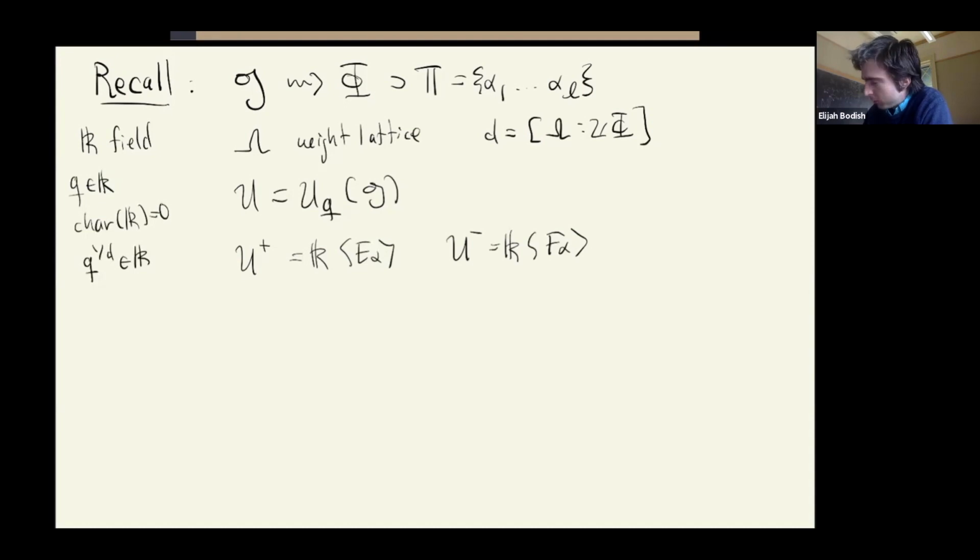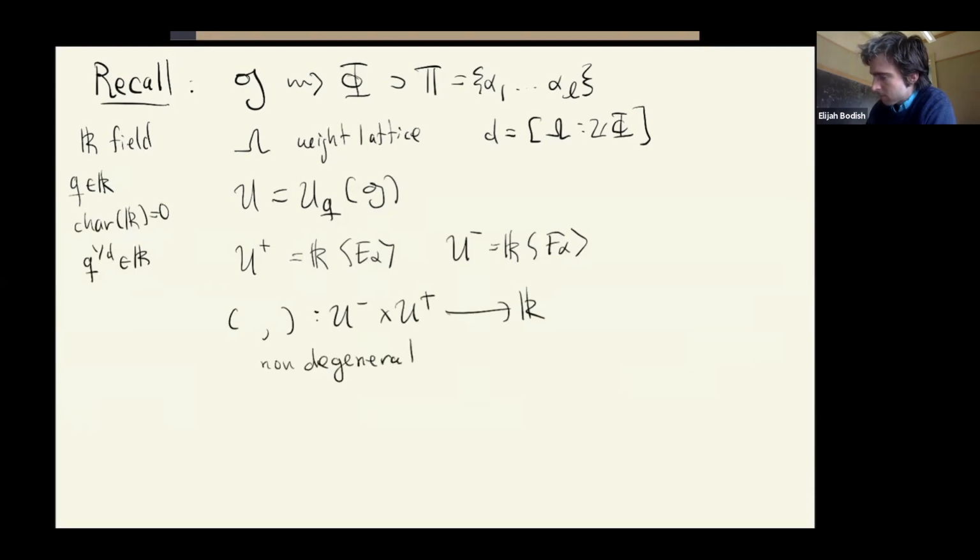Then from our rune stock, we had this pairing between U minus and U plus, and this was non-degenerate. So that allowed us to choose dual bases, v_i^mu and u_i^mu, with respect to this pairing.